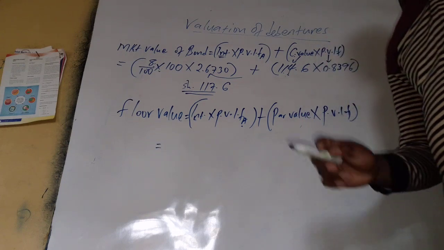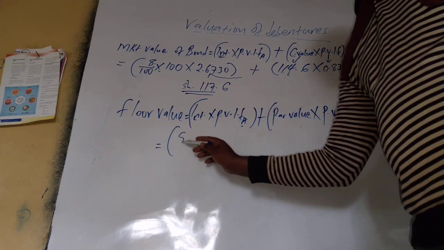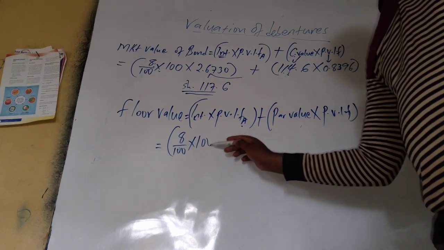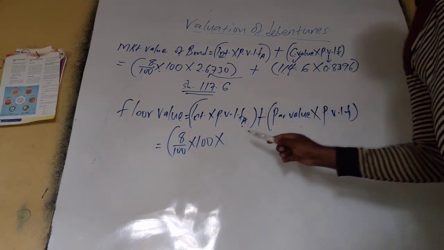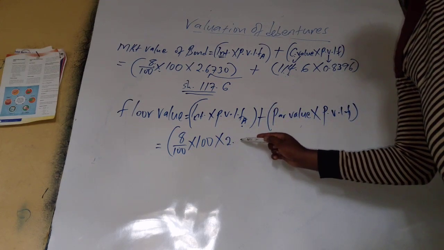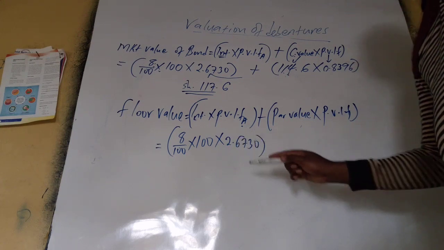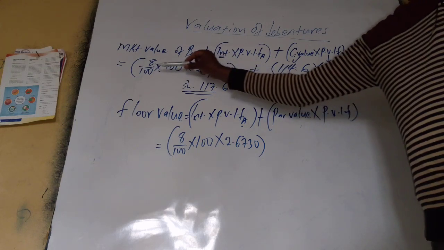Remember, this is the same bond, and therefore my figures there are 8% multiplied by 100 to get the interest. Then I discount that using my discounting factor, which is 2.6730. So the first part doesn't change.